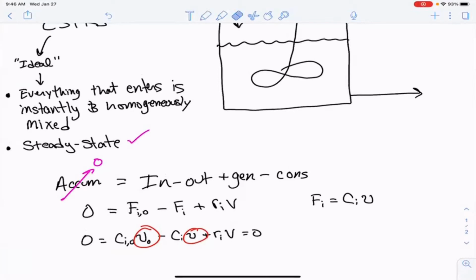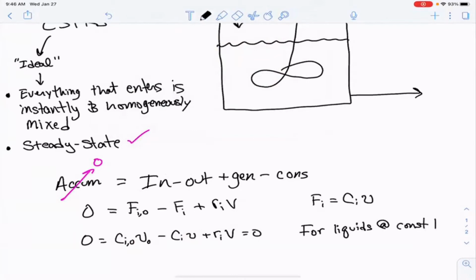Now, for liquids, that statement would be 100% correct. So for liquids at a constant temperature, v_0 does equal v in a CSTR. That has to be true.